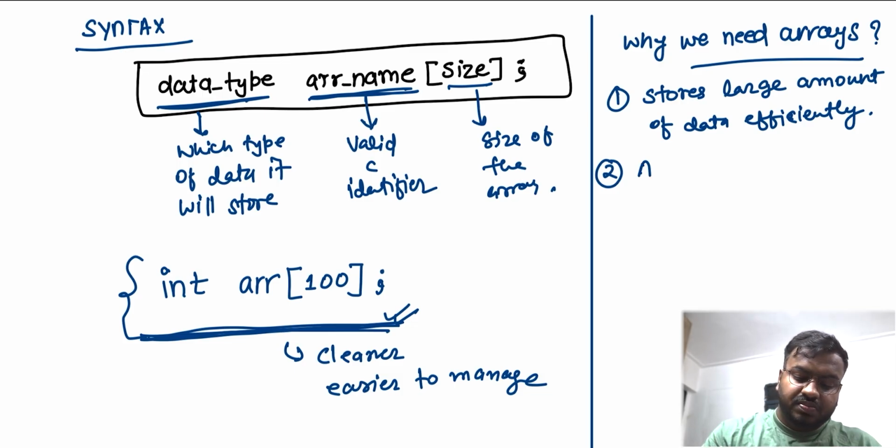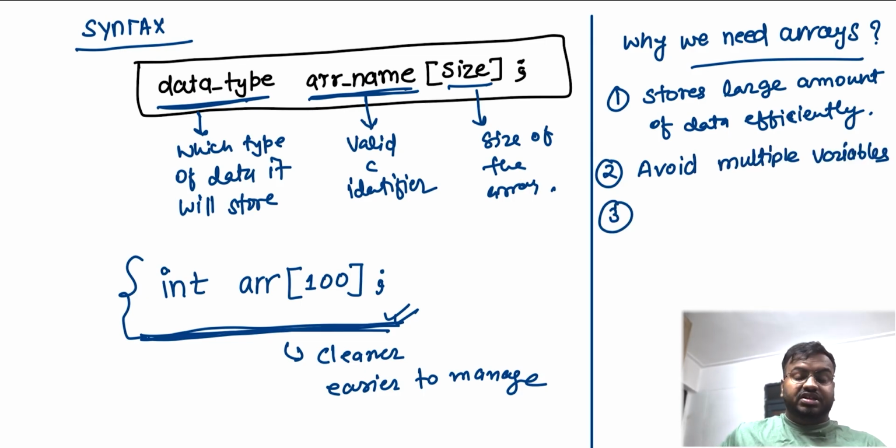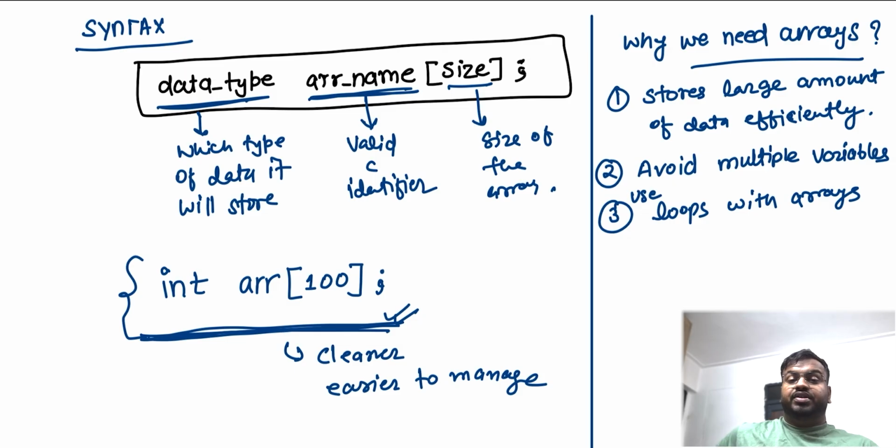If we use arrays, we can avoid multiple variables. Then, another advantage of arrays is that you can use loops with arrays easily. For example, if I want to print the marks of 100 students, or take input for the marks of 100 students, then we will just write a loop and take the input or print it on the console. It is very easy.